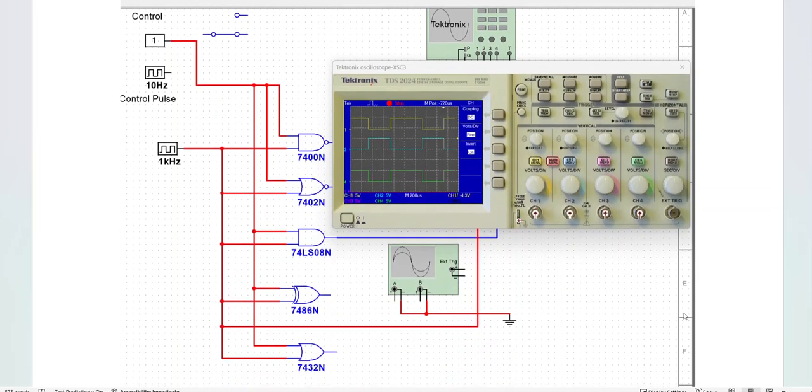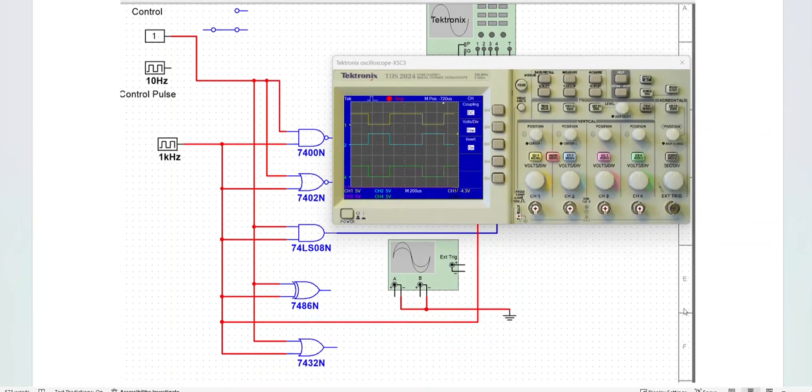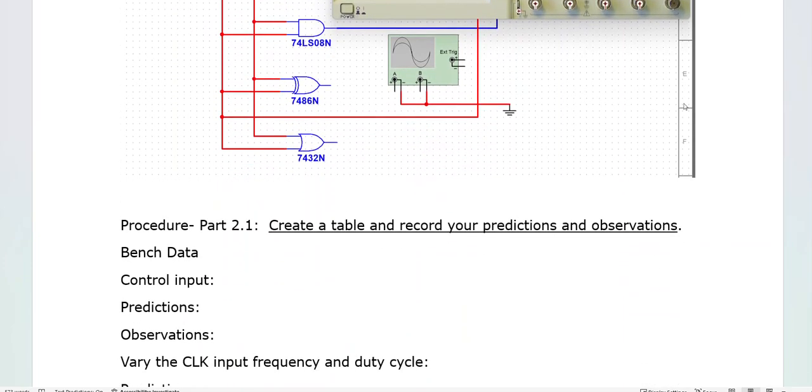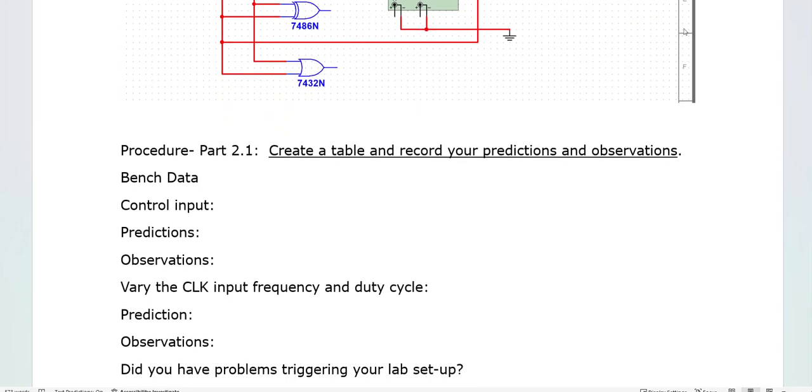And this is the symbol for the oscilloscope. For this experiment, try to set it up so you can get this.